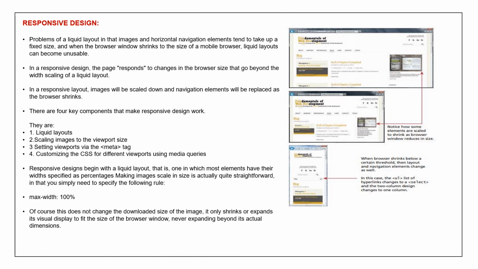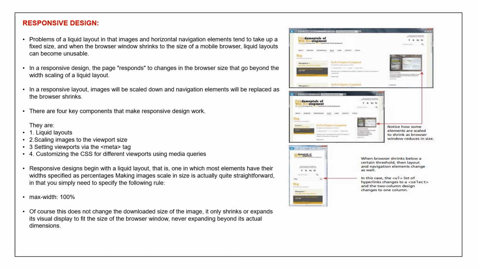In a responsive layout, images will be scaled down and the navigation elements will be replaced as the browser shrinks. There are four key components that make a responsive design work. Firstly, the liquid layout, and then scaling images to the viewport size, setting viewports via the meta tag, and customizing the CSS for different viewports using media queries.